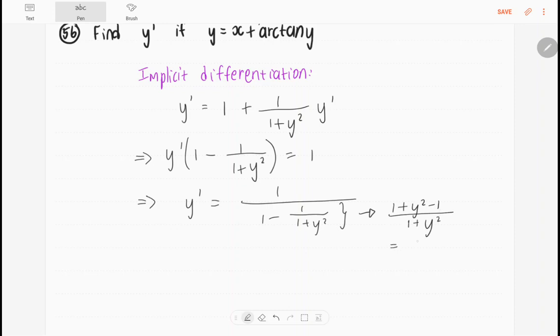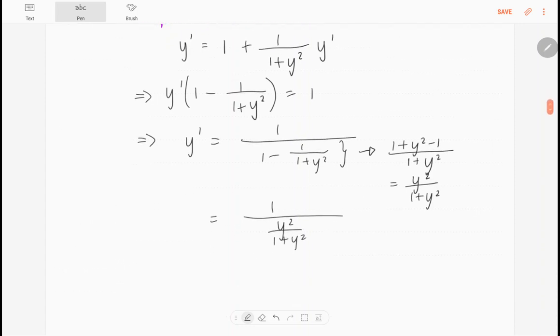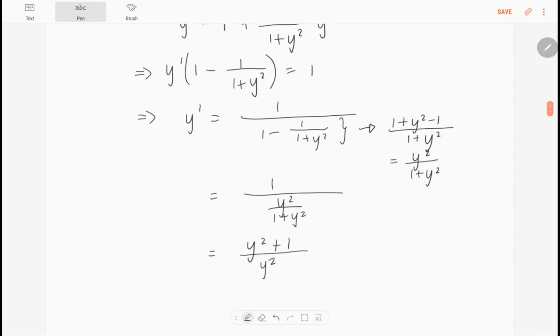In other words, it's just y squared over 1 plus y squared, which means that we have 1 over y squared over 1 plus y squared, which is simply going to be y squared plus 1 over y squared, which is 1 plus 1 over y squared.